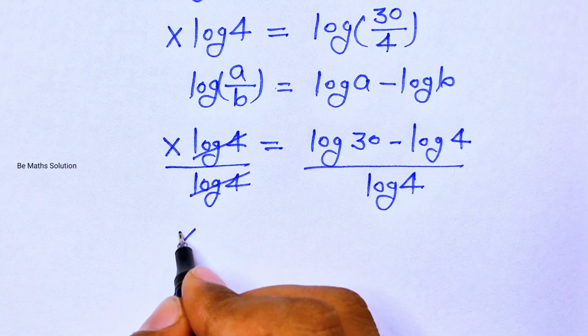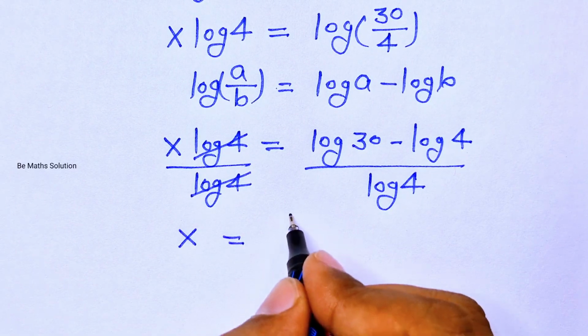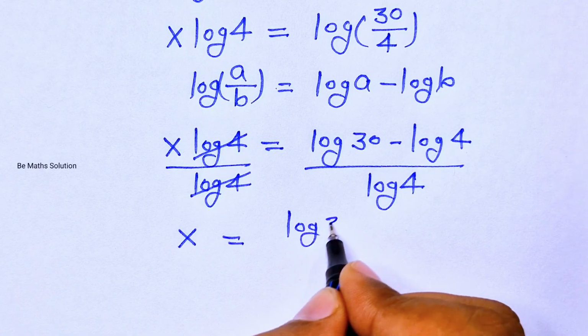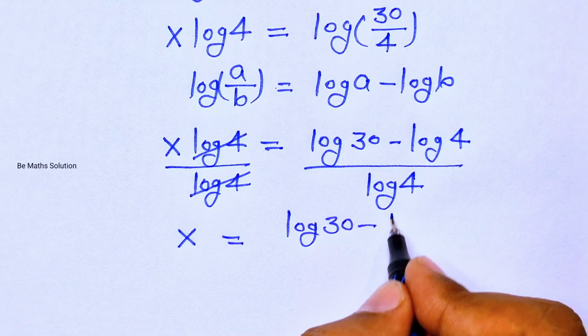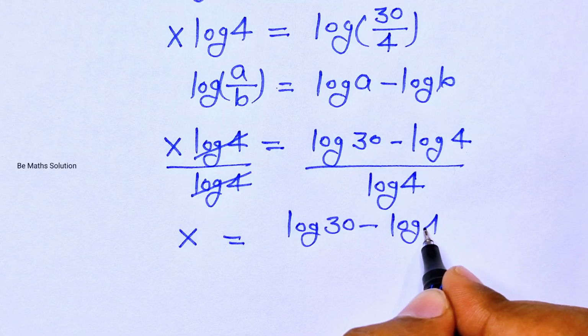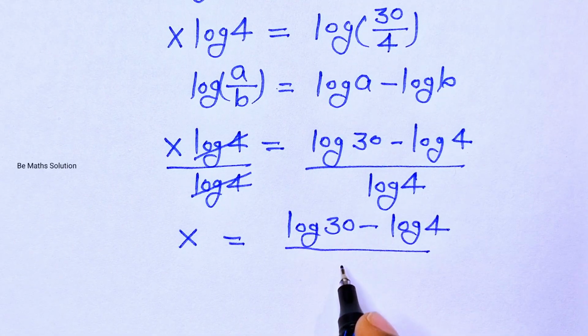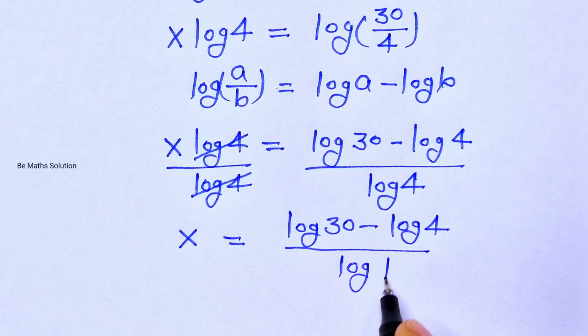So it will be x is equal to log of 30 minus log of 4, divided by log of 4.